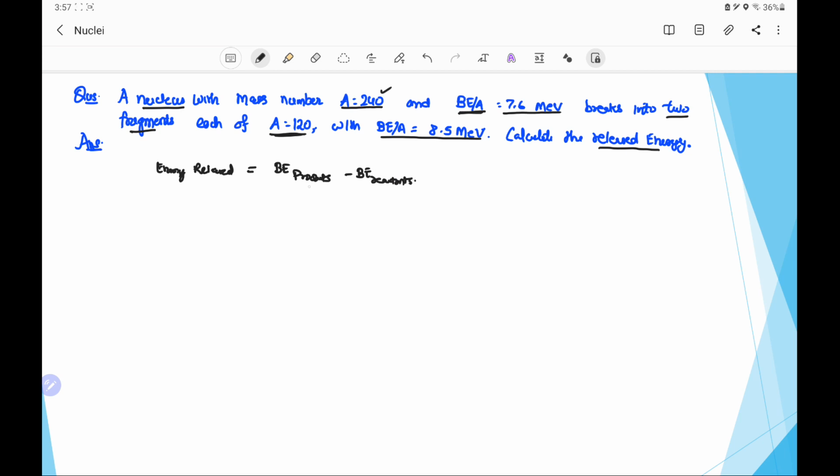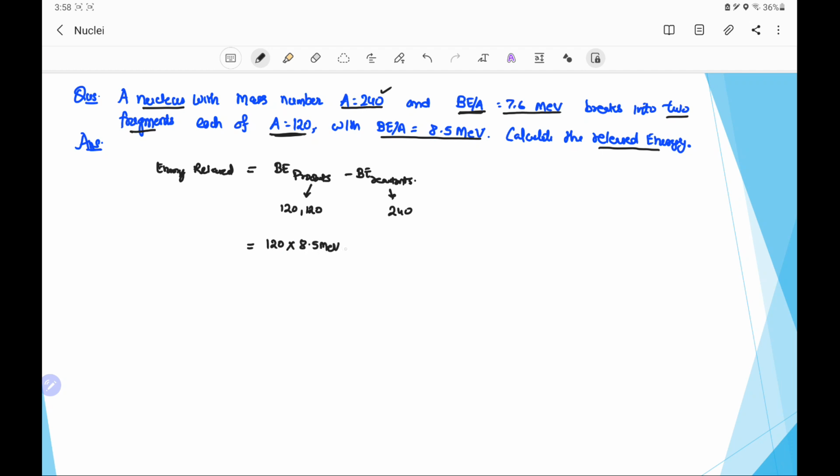If we see, the products are the two fragments each of mass number 120 and 120, while the reactant is a nucleus of mass number 240. So we can write the energy released equal to the binding energy of the products, that is 120, the number of nucleons, multiplied by the binding energy per nucleon of 8.5 million electron volt.